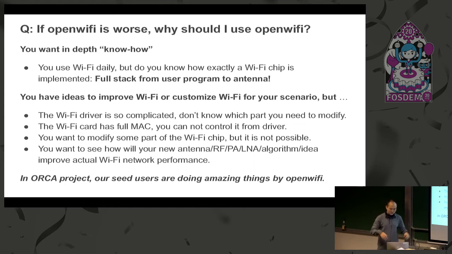Okay, for the secondary usage, there could be many. You may have ideas to improve the Wi-Fi chip or customize it for your special application. If you run a business, maybe you have a special customer in the aviation industry or railway industry, and they have very special requirements for your Wi-Fi communication system. You may try the commercial Wi-Fi chip at first.